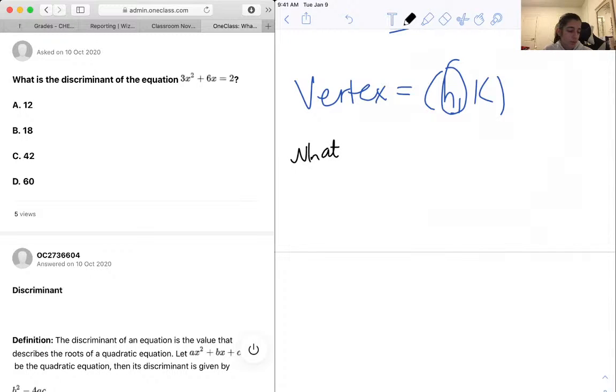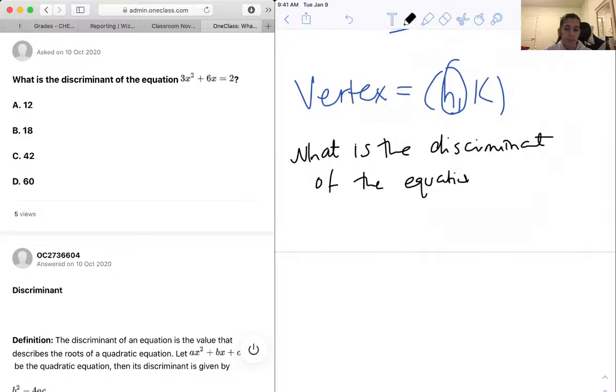What is the discriminant of the equation 3x squared plus 6x is equal to 2? How we can figure that out is by using b squared minus 4ac.